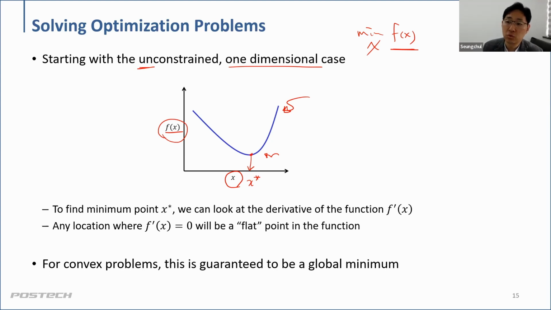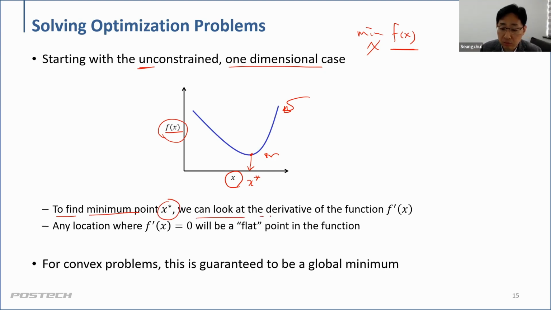That's why I want to start with the simplest one, because if we have constraints and high dimensional space, nobody can visualize. It's too complicated. So let's get some insight using this example to find the optimal point. In this case, it happened to be the minimum point x star, which is the optimal solution.